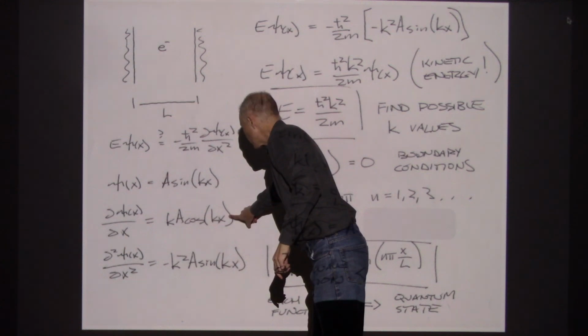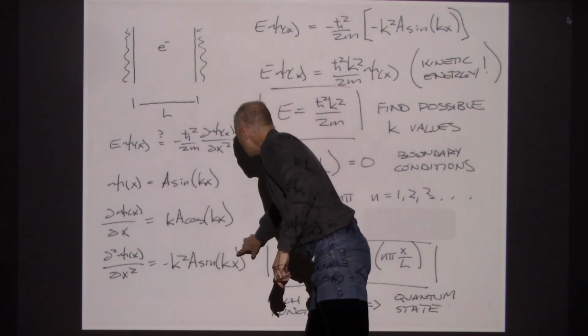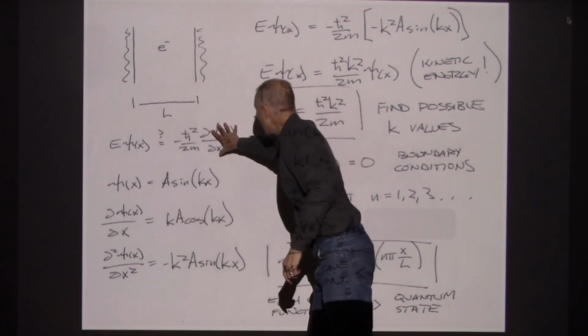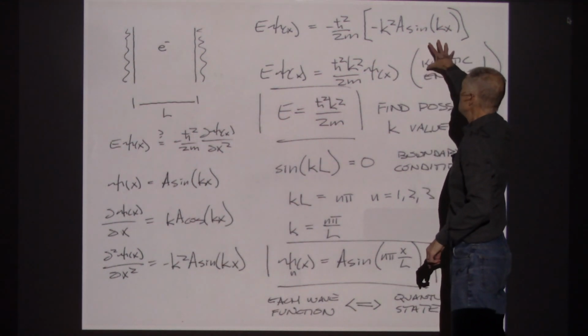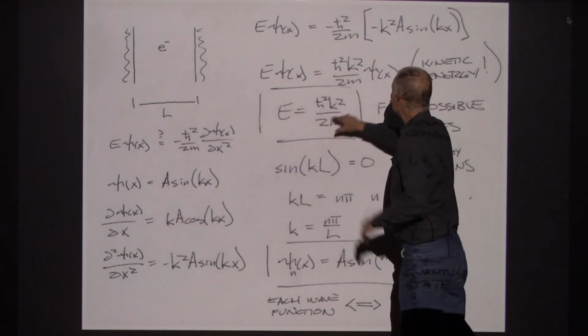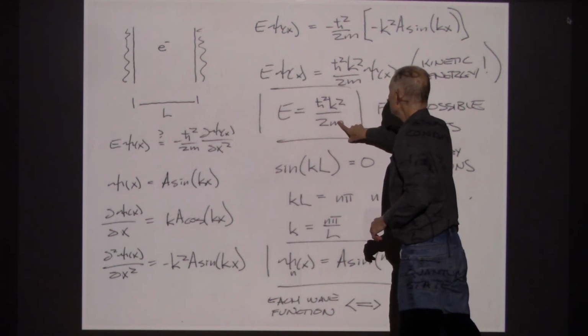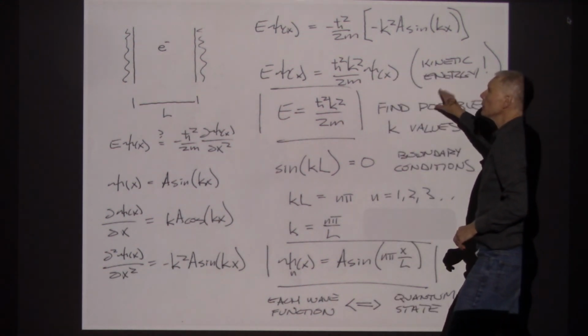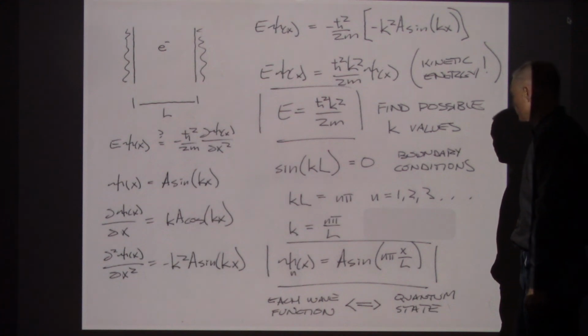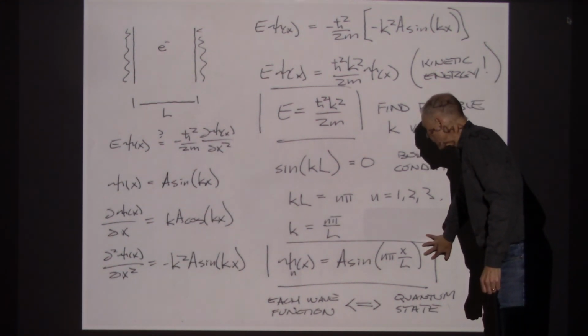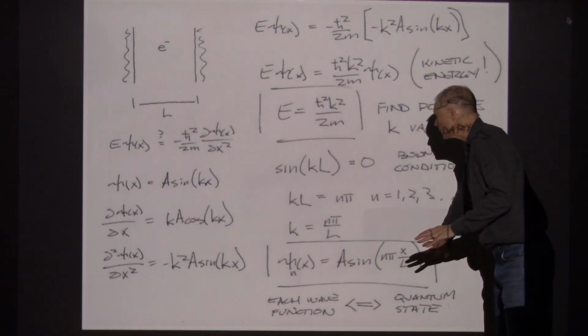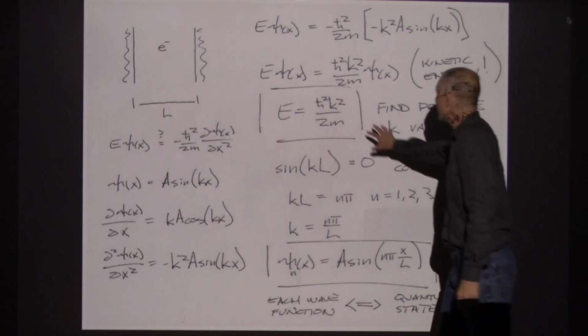Here is taking one derivative. Here is taking two. I take two derivatives, plug it back into here. Following this through, and then canceling out the wave function on both sides leads to the kinetic energy of the different possible quantum states. So the wave functions have this formula representing the wave function, and these are the energies of the different states.